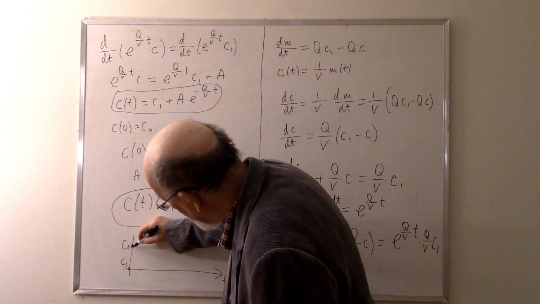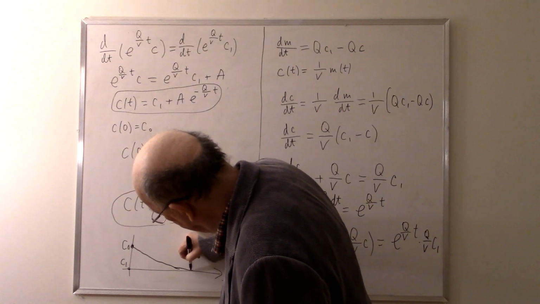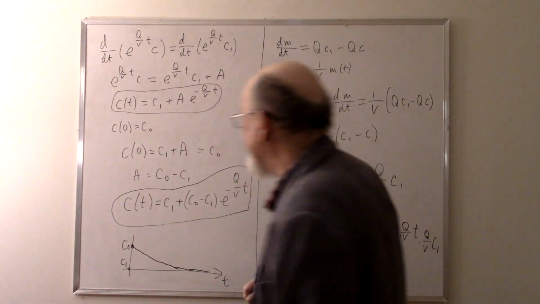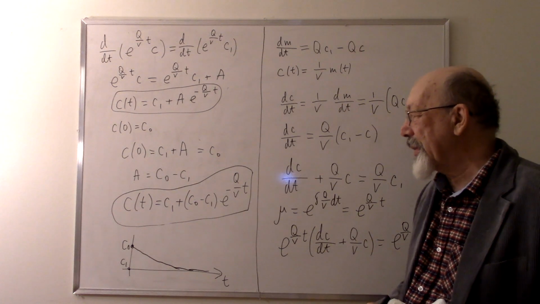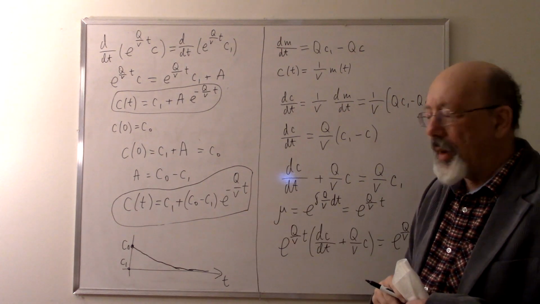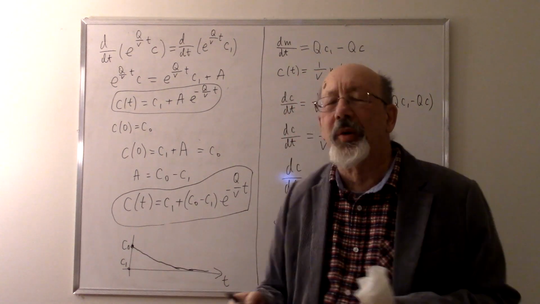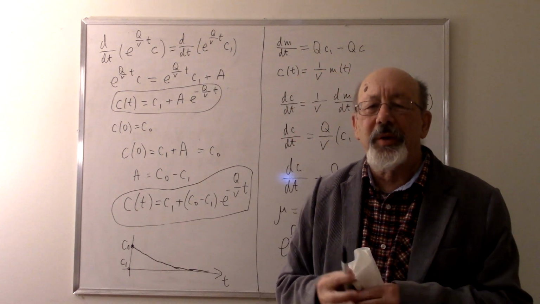So the concentration of coffee decreases exponentially like this, goes to 0 as an exponent. This means that we know the exponent goes to 0 quite fast.